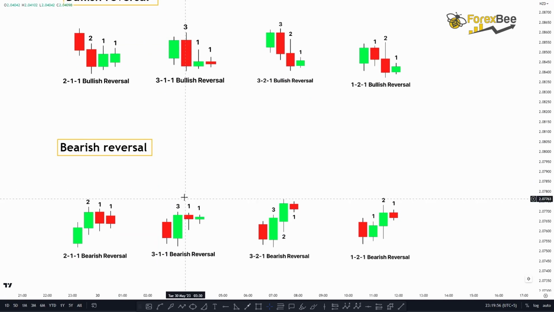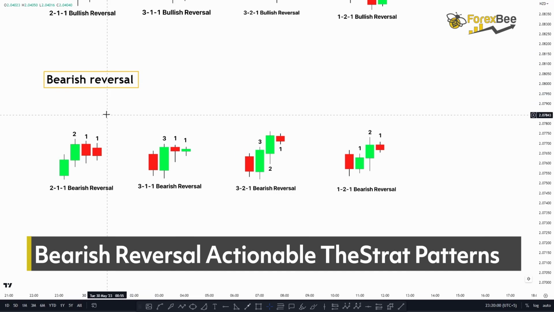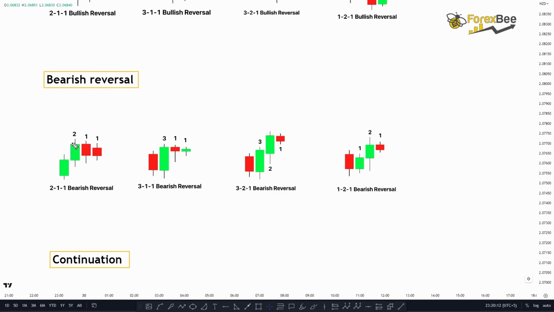Now let's look at the bearish reversal patterns, which are just the opposite of what we have just discussed. For example, here we can use these bearish reversal strat patterns, and this is the formation of a 2-1-1 bearish reversal, which tells us that previously the trend was bullish, and after the formation of this candle, the market will move in the bearish direction.